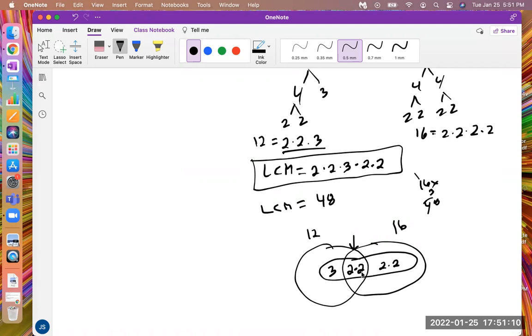It works because the ones that are in common in the middle don't get written twice. They only get written once. And that's what we want. We don't want to double use anything, because like I said, it just has to contain 4 2s. I could steal some of the 2s from the factorization of 12, it doesn't matter.